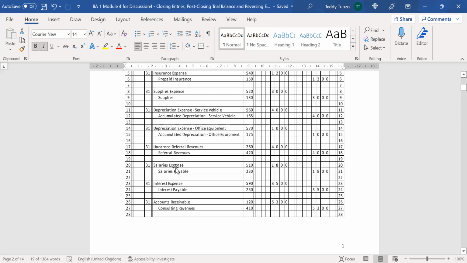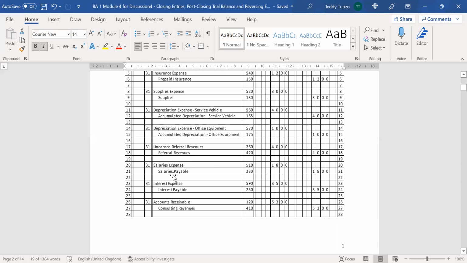Ang atong qualification, for adjusting entries to be part of the reversing entries, dapat ang asset or ang liabilities nag-increase. So this is the first adjusting entry that qualifies for reversing entry.